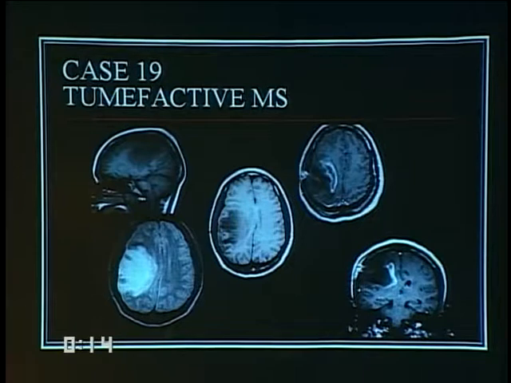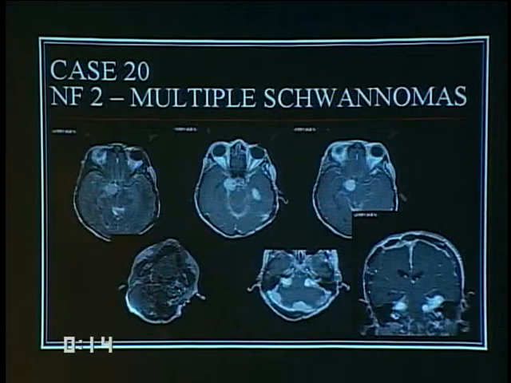So other considerations, this is tumefactive multiple sclerosis. MR spectroscopy can help you differentiate that occasionally because the NAA peak and choline peaks are going to be more normal, but you still may have a big lipid and lactate peak there.